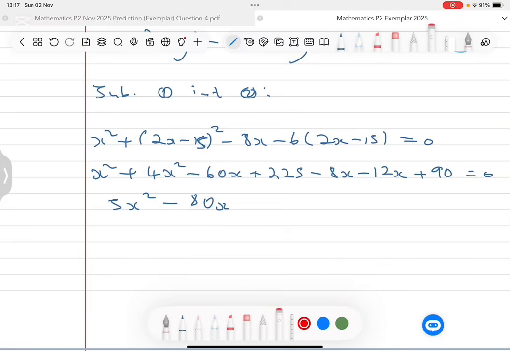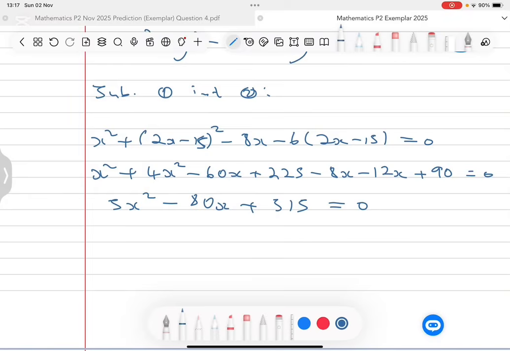And we are now focusing on 225 plus a 90. I see there a 315. Okay, I'm doing it backward now, because I'm doing it off my head. So this is going to be plus 315 is equal to 0. Guys, you can use your calculator.